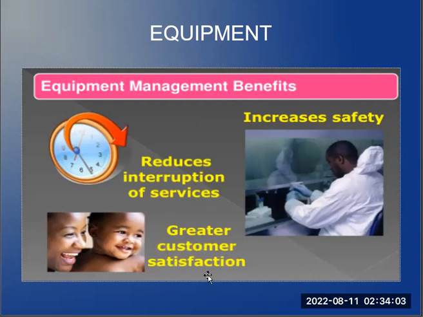Next is greater customer satisfaction. Testing is fast, and they don't have to wait for several hours, especially if your machine is doing well. So there is no machine breakdown, and testing is really fast.